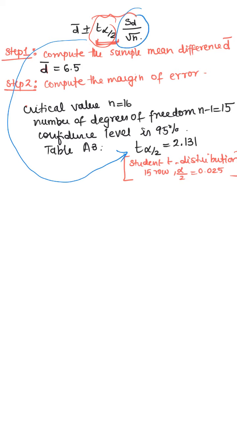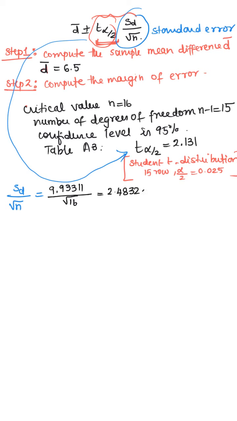Now we need to find the standard error. This is the standard error, that is SD over square root of n. So margin of error is the product of those two values, like multiply these two.